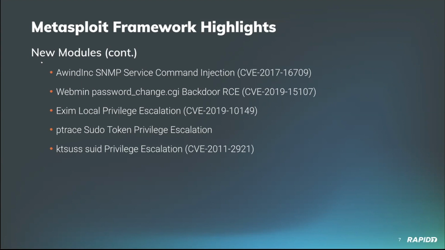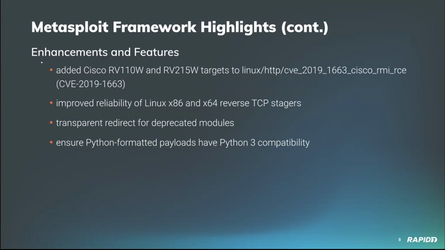Module is root require default case with success such as The second Privilege Escalation stops ktsuss, also known as keep to improve the ktsuss current underscore 2019 underscore 1663 underscore Cisco underscore RMI underscore RCE.